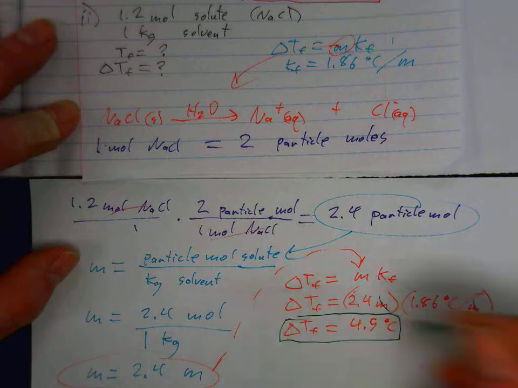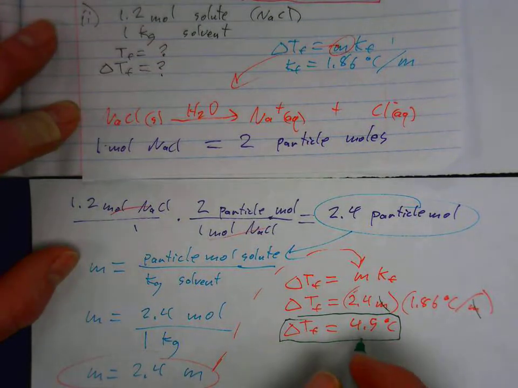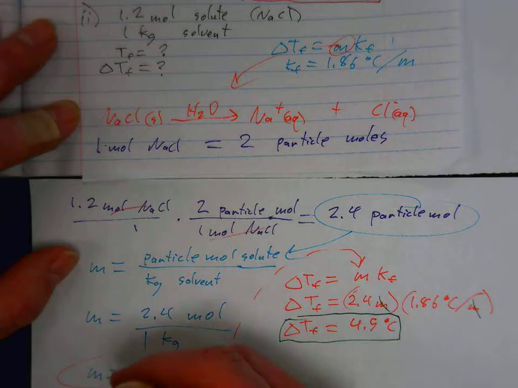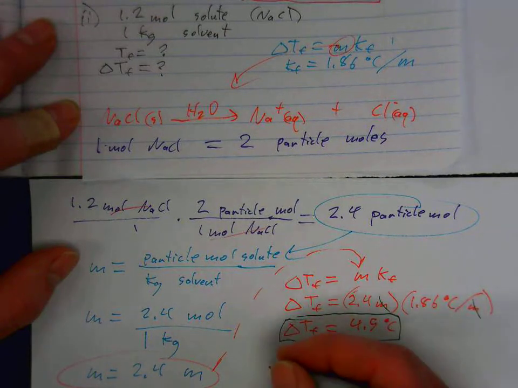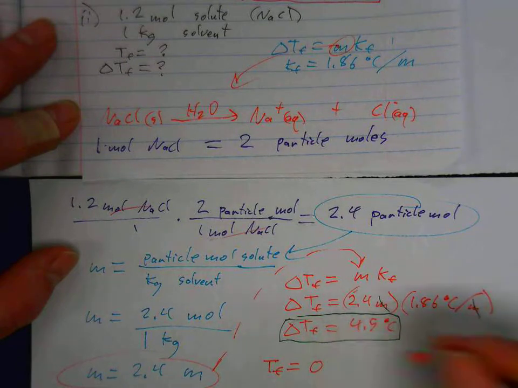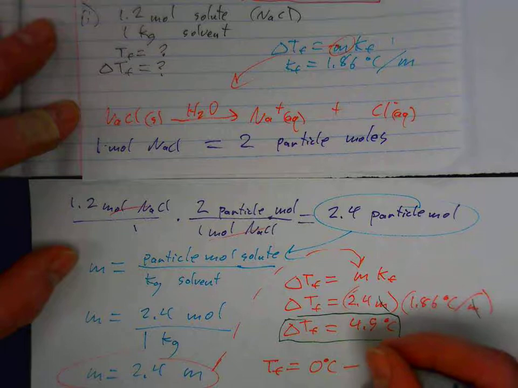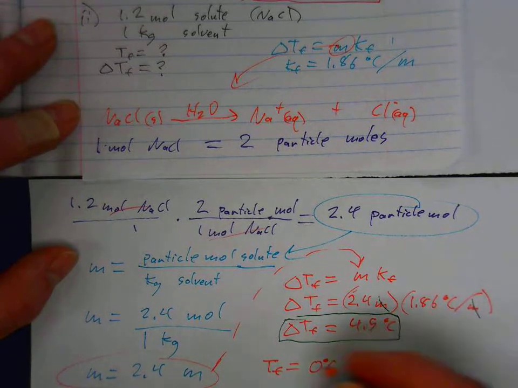Now, the other part of the answer is to figure out what the actual temperature would be. Well, since the temperature of freezing in Celsius is 0 degrees Celsius, the freezing temperature then would be 0 degrees Celsius minus the change, 4.5 degrees Celsius, or in other words, the freezing point is just negative 4.5 degrees Celsius.